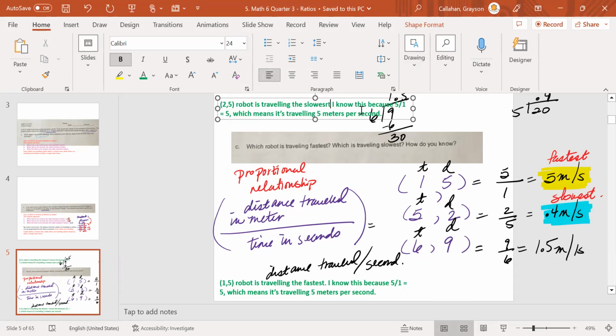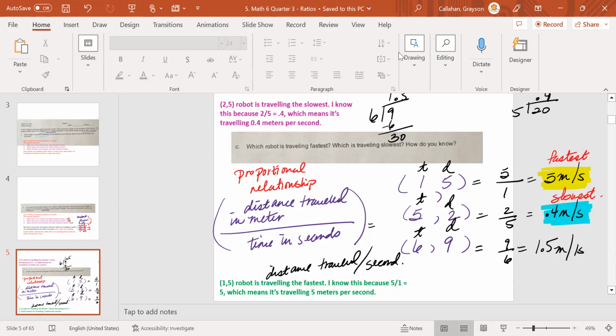I know this because when you divide 2 over 5 equals 0.4, which means it is traveling 0.4 meters per second. Do you see that? Okay. And that's it.